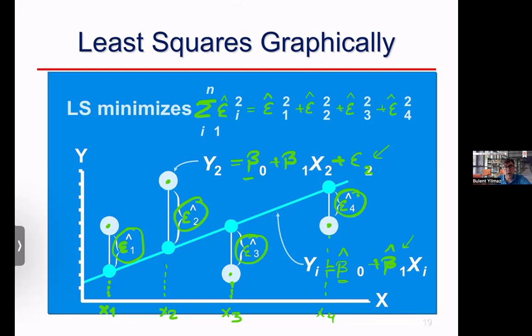Why do I take the square? Because I don't want to lose the information of error just by canceling them each other. So I will try to minimize the absolute errors, let's say, okay? Absolute errors, like the actual value is 100, you're finding 90 or 110. The amount is the same, right?